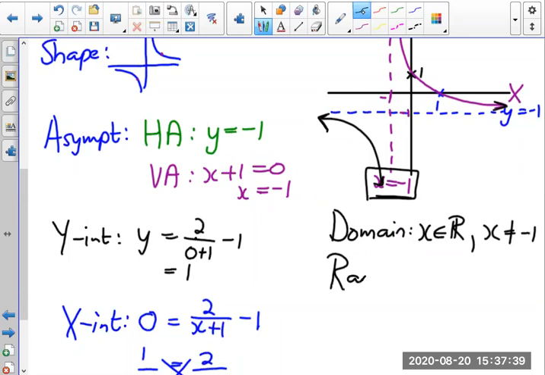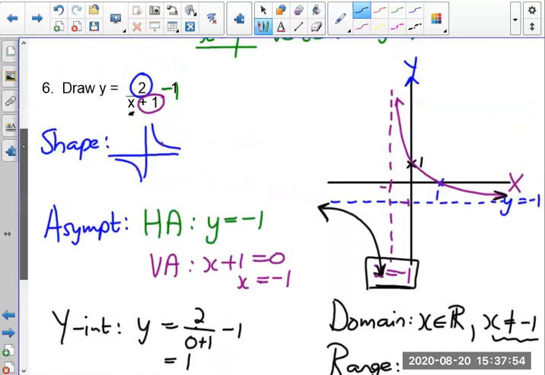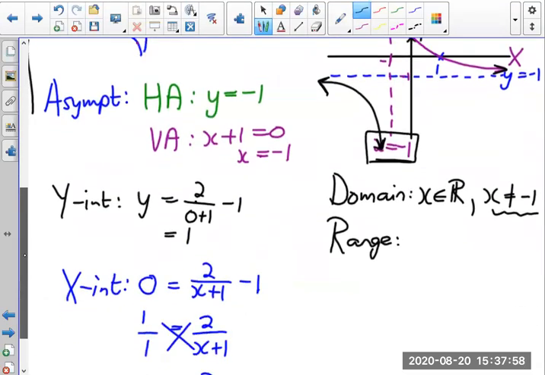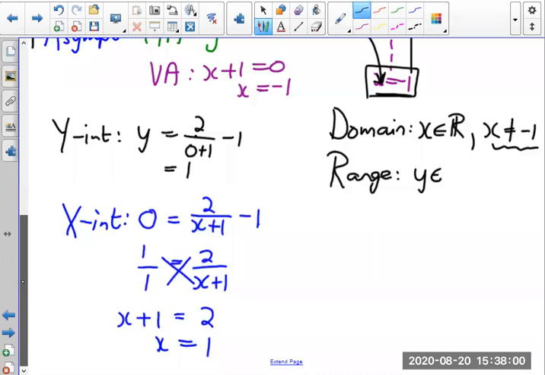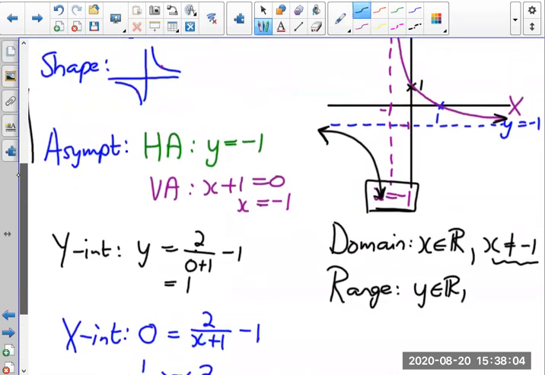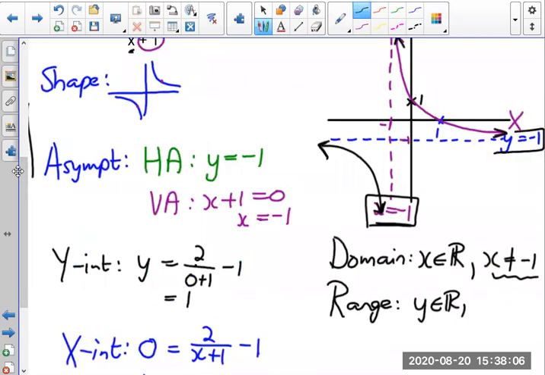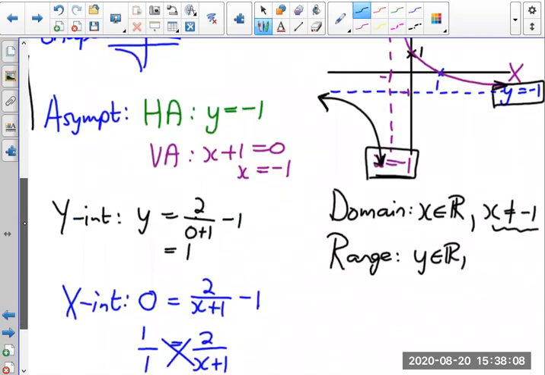And then the range, can you remember I said they love asking domain and range for the hyperbola because you forget to exclude the asymptotes. The hyperbola comes from negative infinity, it goes to positive infinity, so it's still y element of R, but don't forget to exclude the asymptote that says y equals.